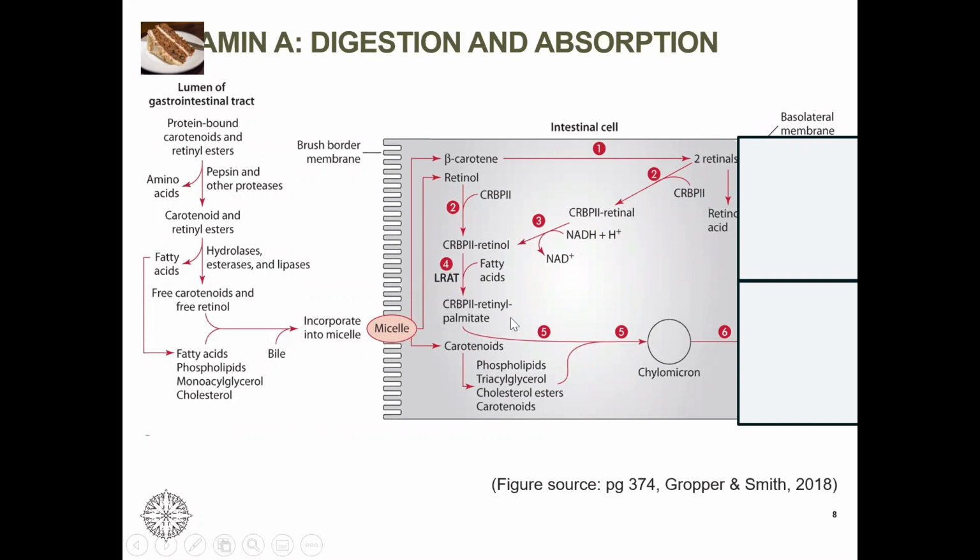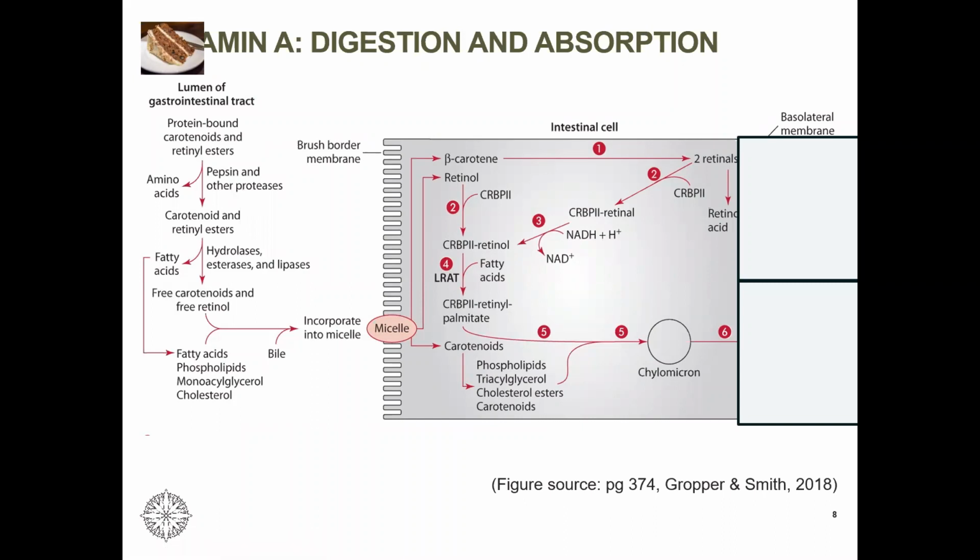And then I'm converting it into an ester form. Again, I'm making a retinyl ester. So you can see it's written retinyl palmitate. But if I've consumed avocado, if I have consumed some walnuts, then it will be retinyl oleate or retinyl linoleate. So whichever fat I'm consuming, that will be incorporated here.